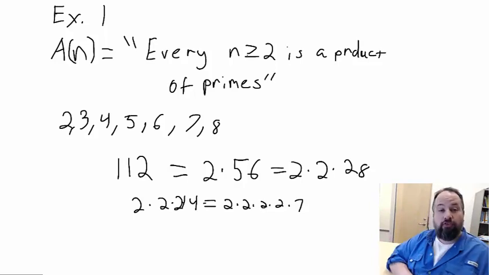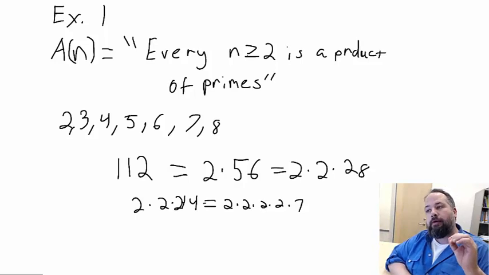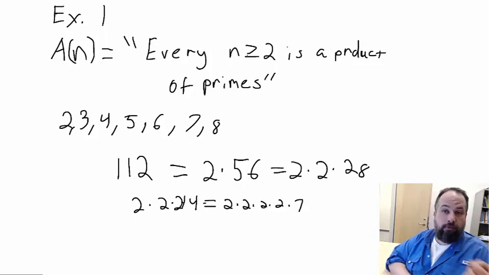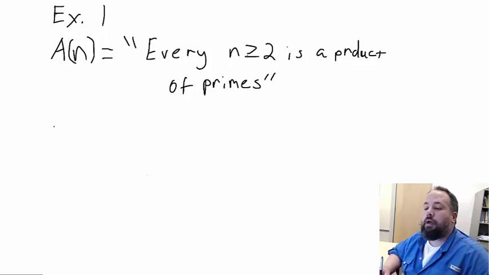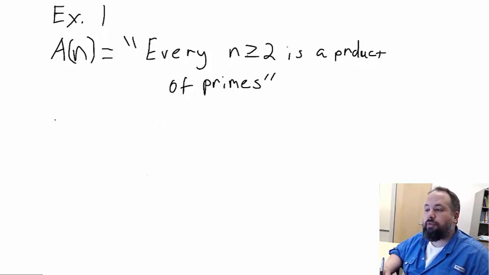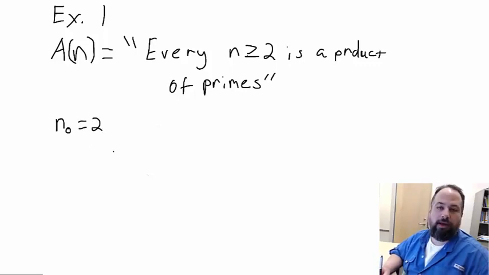That's our assertion, okay? For us to inductively prove this assertion, we need to establish a base case and establish what's called an inductive hypothesis. So, if we're saying greater than or equal to 2, that means our n sub 0 is 2. That's what we call our base case.